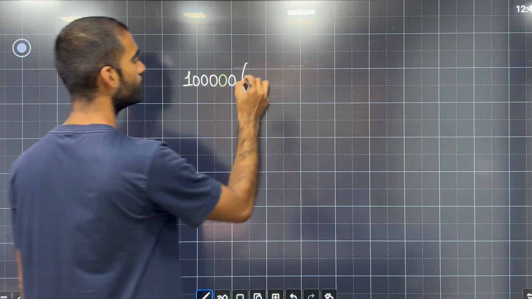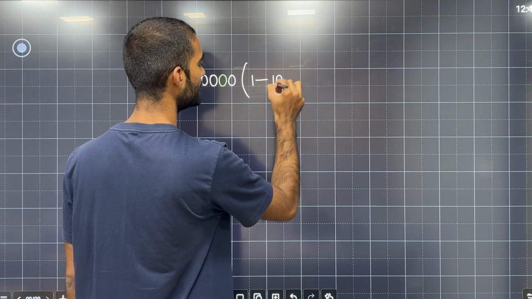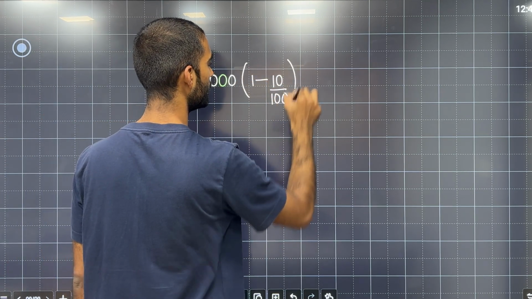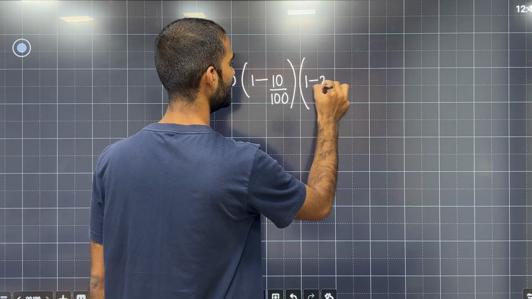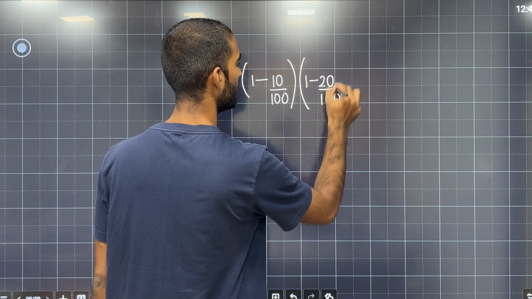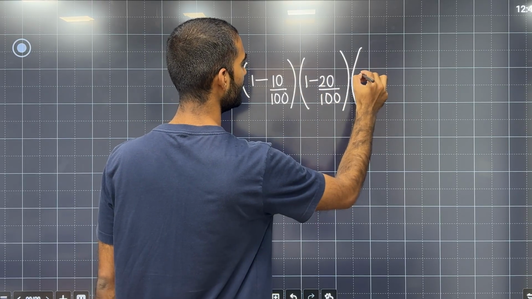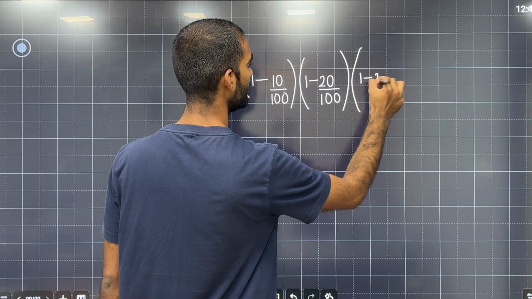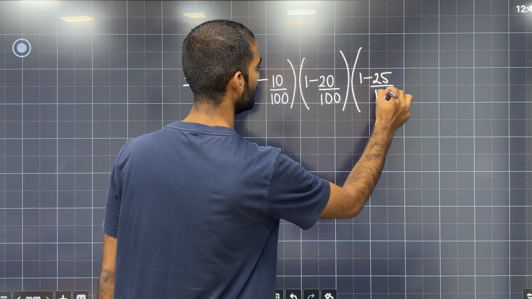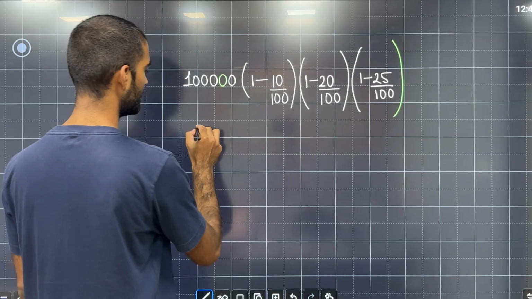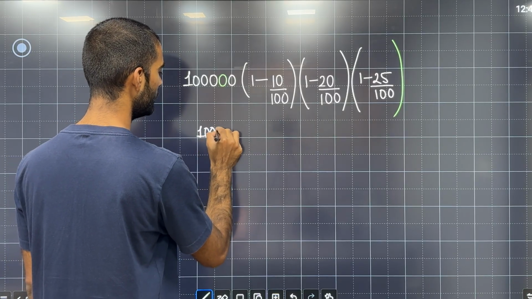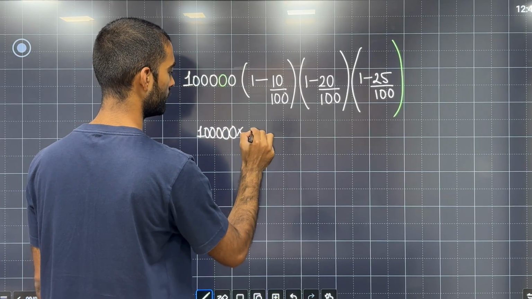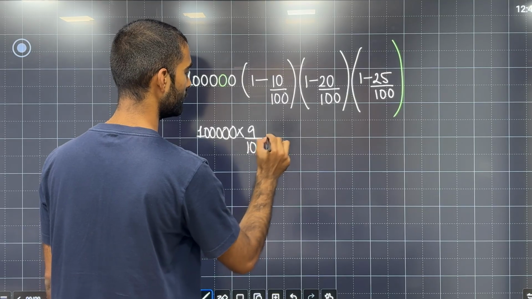and we are going to decrease it by 10% in the first year, 20% in the second year, and 25% in the third year. So if you just compute the fraction, it would be 9 by 10.